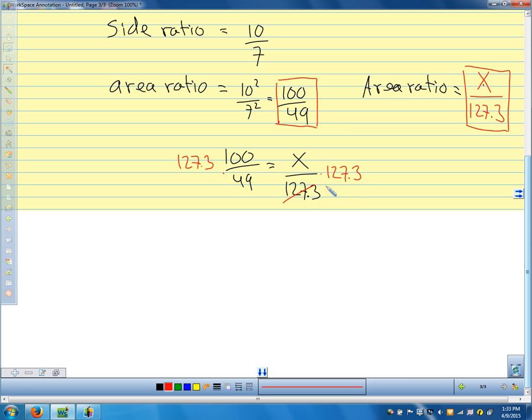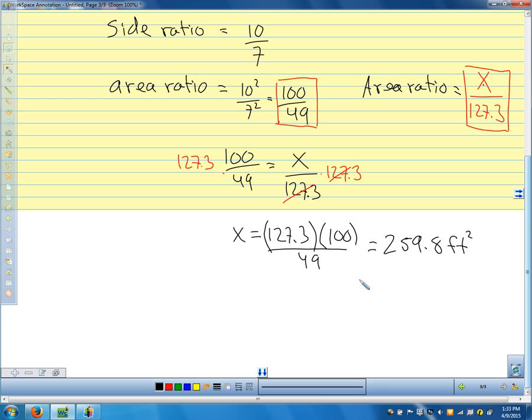So those cancel. And I get x equals 127.3 times 100 divided by 49. I can plug that into my calculator, and I get 259.8 square feet. And there's my answer.